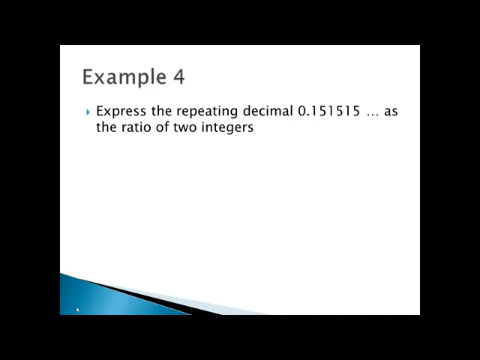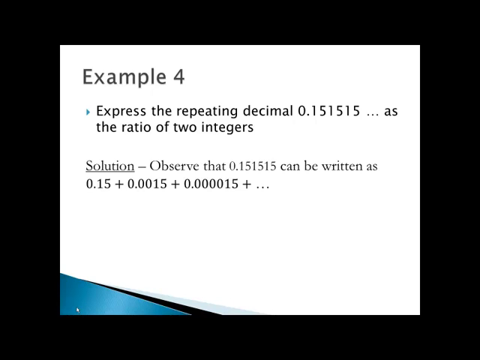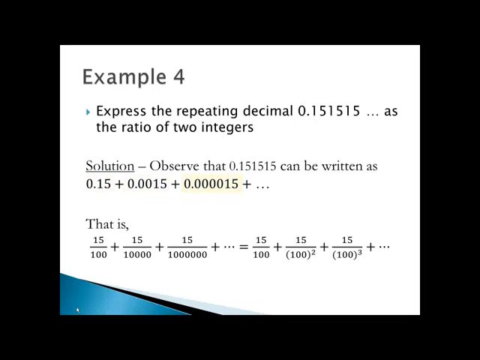In my final example, I'm asked to express the repeating decimal 0.151515 repeating as the ratio of two integers. Well, I'll first observe that the repeating decimal can be rewritten as 15 hundredths, 15 ten-thousandths, 15 millionths, and so on. That is 15 over 100 plus 15 over 10,000 plus 15 over 1 million, and so on.